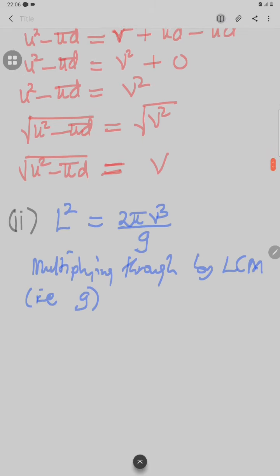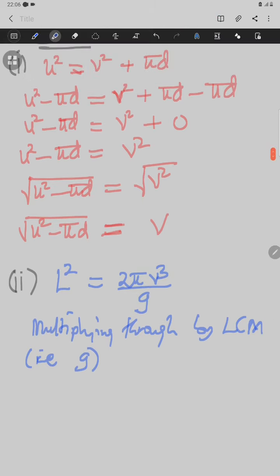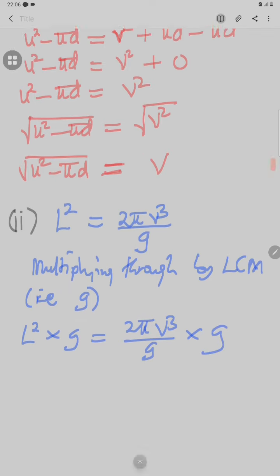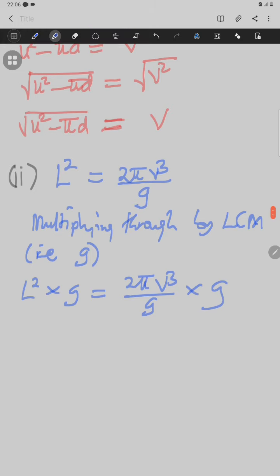So what am I going to get? What are we all going to get? L squared times G, equals 2 pi V cubed over G times G. So we are going to get L squared G. The G divides the G, you get 1, so it cancels it out.